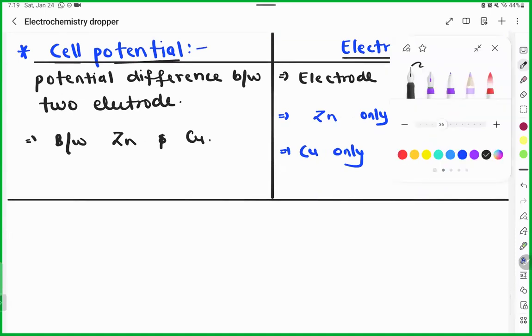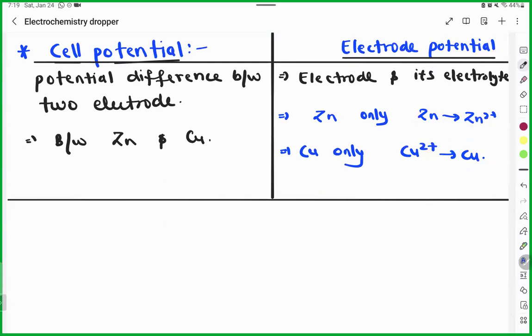Next, Sarah, what is the difference between EMF and electrode potential or cell potential, let's take. What is the difference between the potential difference and EMF? No, I don't know, not sure.